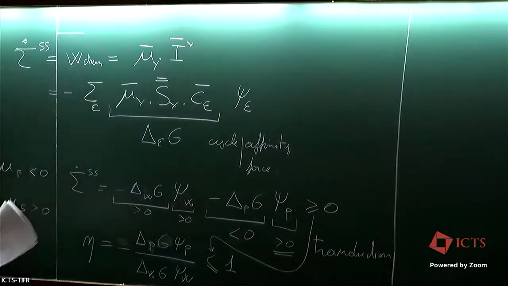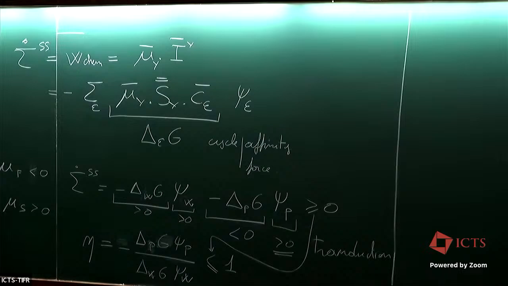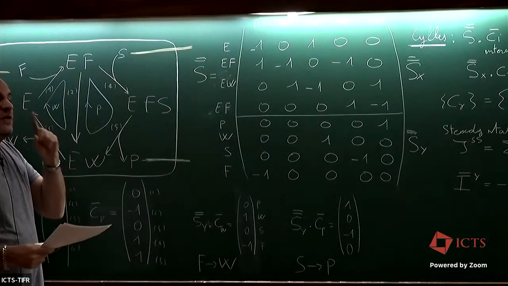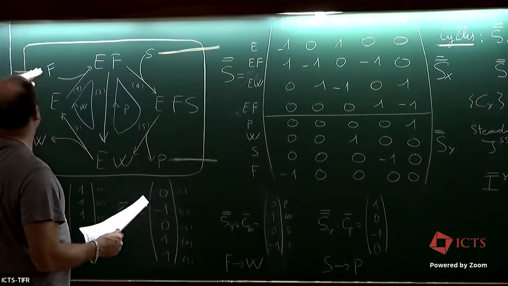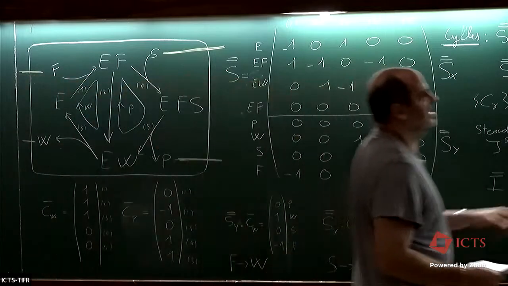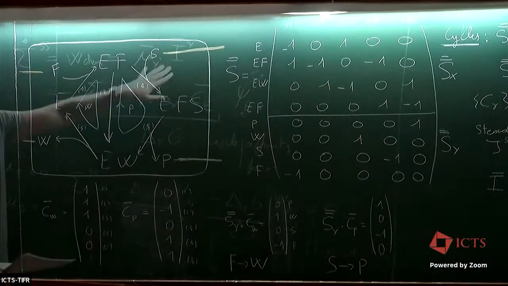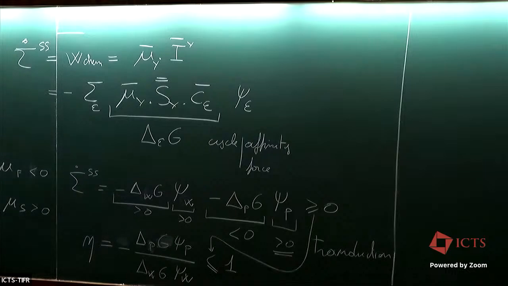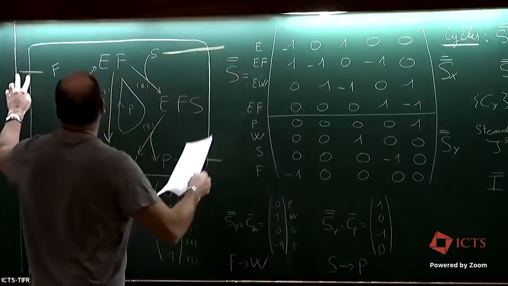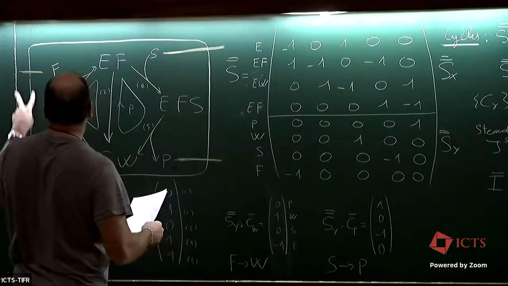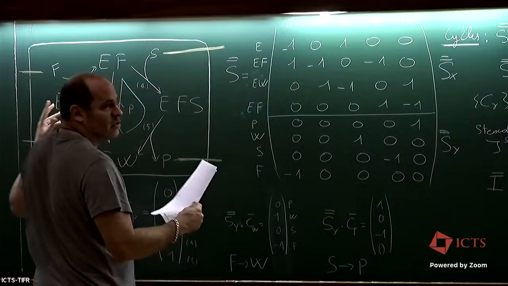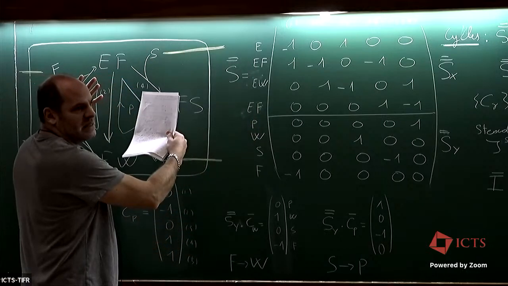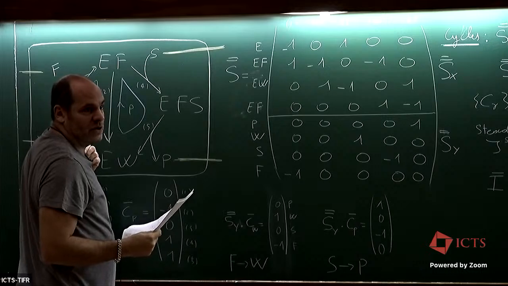Maybe I can emphasize the following. You could have guessed from the beginning that if you know all these cycles, you can express the entropy production of the network in terms of the sum of all these fluxes in and out.